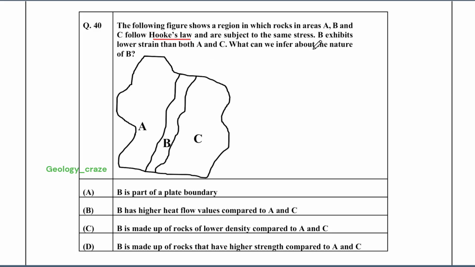They are subjected to the same stress, the same amount of stress. The main line is that B exhibits lower strain than both A and C. So B has a low strain.